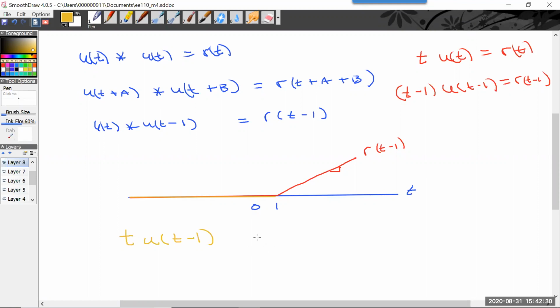But t at 1 equals 1. And so what's going to happen is we're going to have a jump, and then we're going to have our slope of 1.